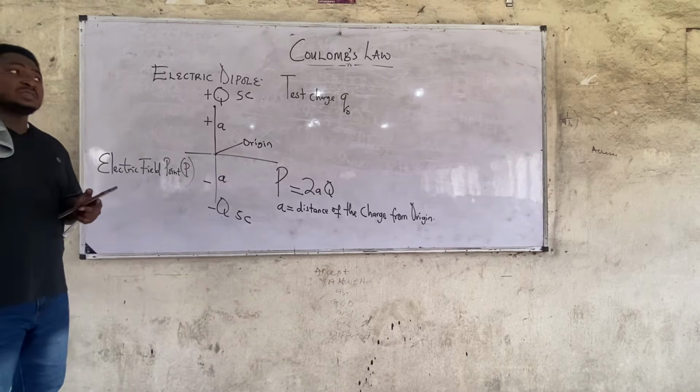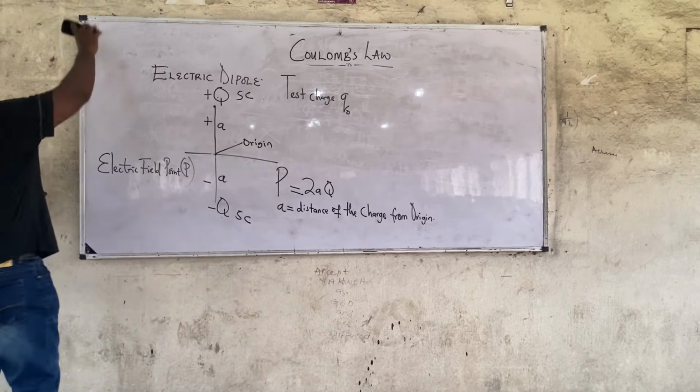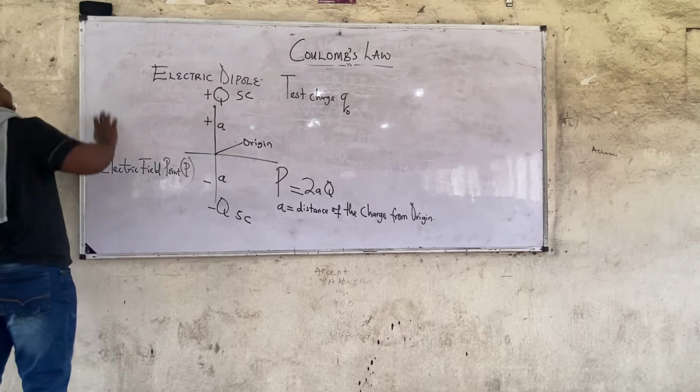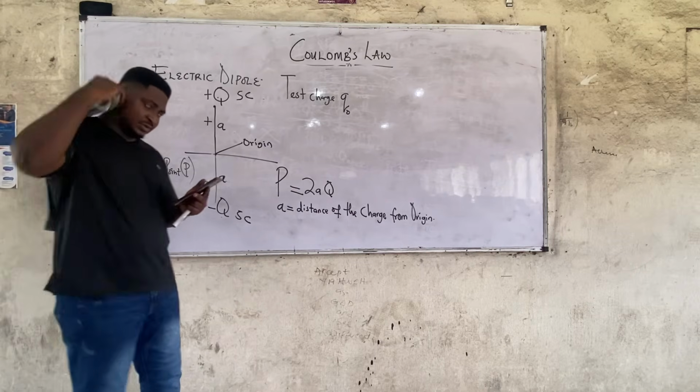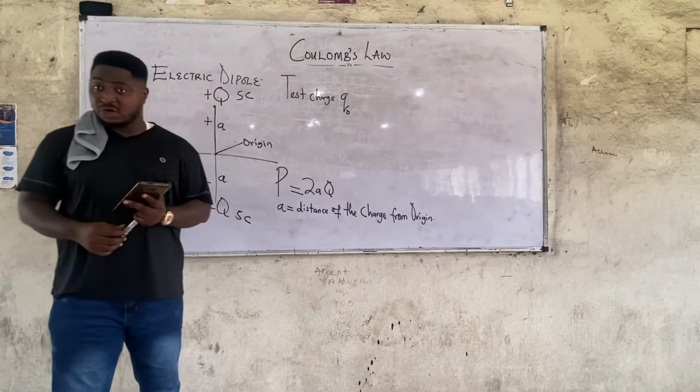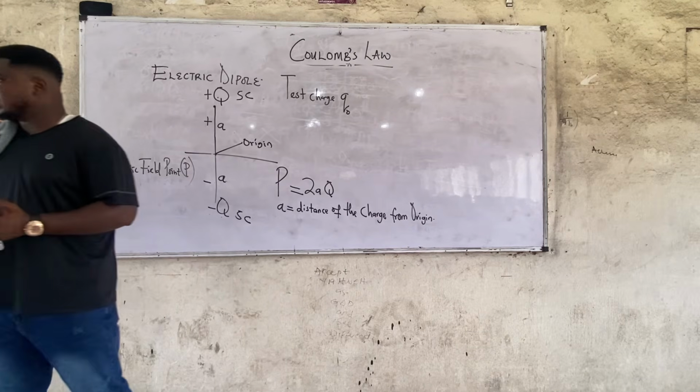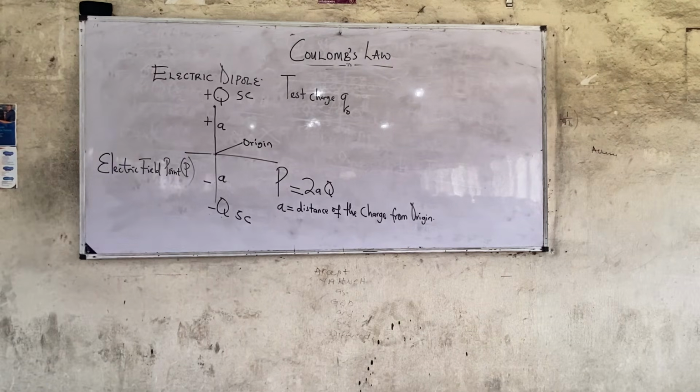These are imaginary lines drawn that do what? They show the direction of the electric field. Exactly. Now write down the properties of electric lines of force.